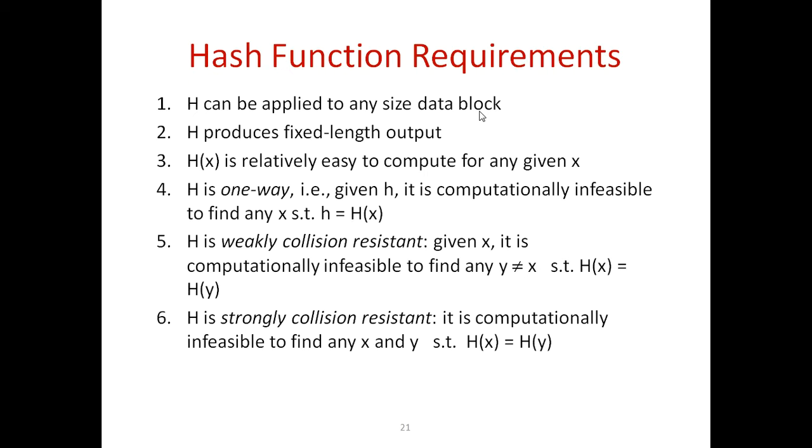Whatever the size, 256-bit, 512-bit or 1 MB, it produces a fixed size output or fixed length output. That is called the hash code, small h. Next, h of x is relatively easy to compute for a given x.